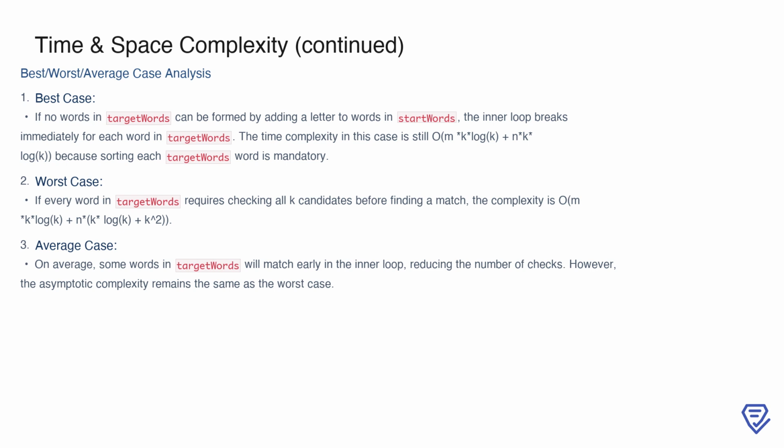The worst case occurs when every word in target words requires checking all k candidates before finding a match. This results in the full complexity of O(m*k*log k plus n*k*log k plus k squared). On average, some words in target words will match earlier in the inner loop, which reduces the number of checks. However, the asymptotic complexity remains the same as the worst case due to the dominance of the k-squared term in the inner loop.